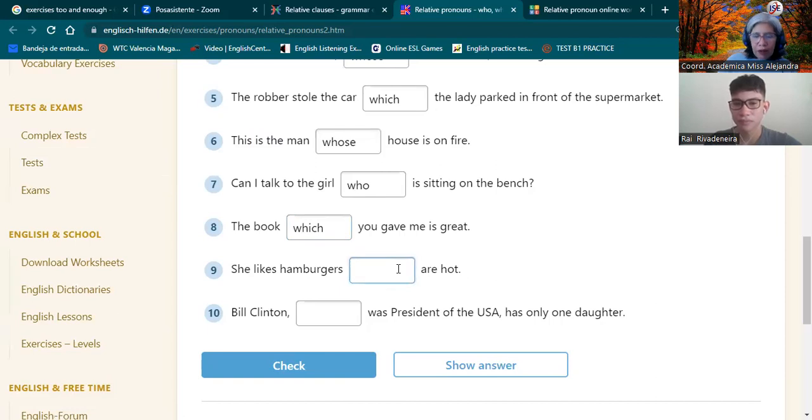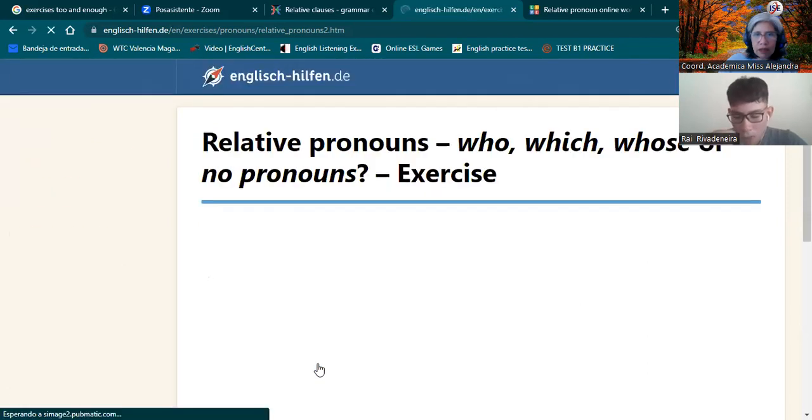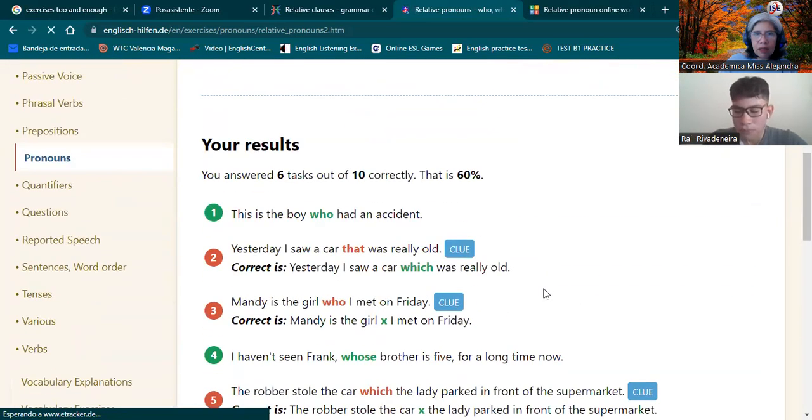Like some hamburgers which are hot. Talking about the hamburgers, which are hot. Bill Clinton, who was president of the USA, has only one daughter. Who was president of the United States. Okay.